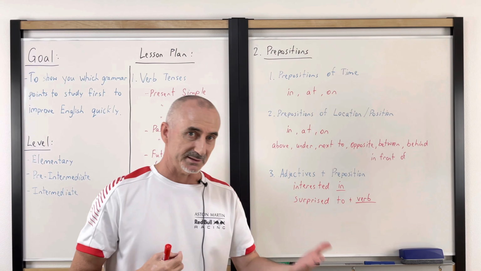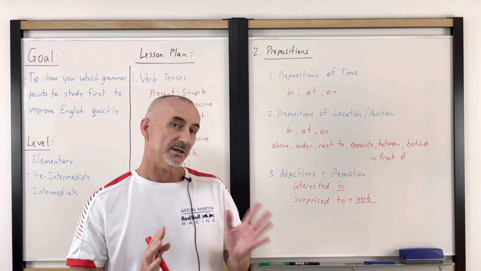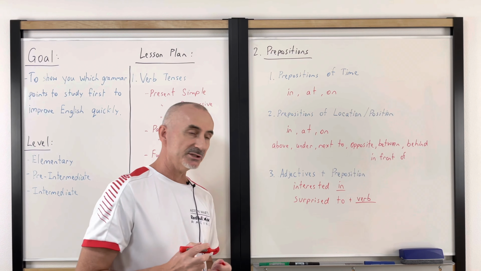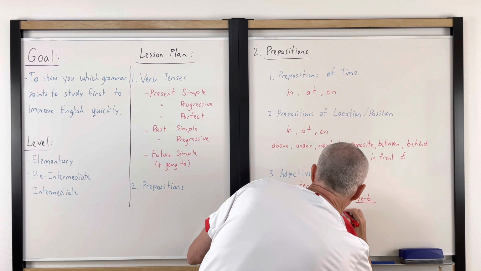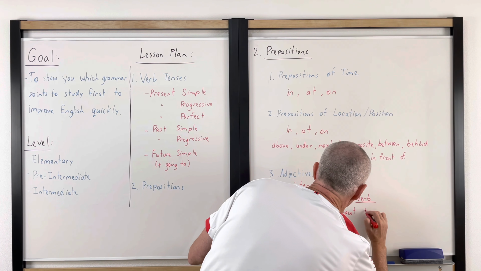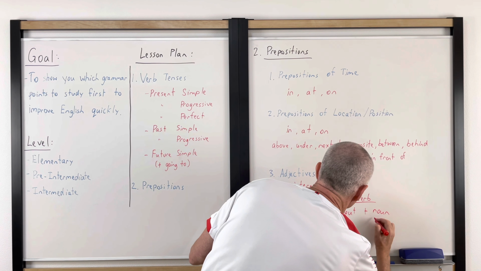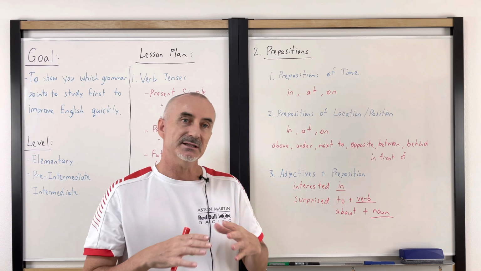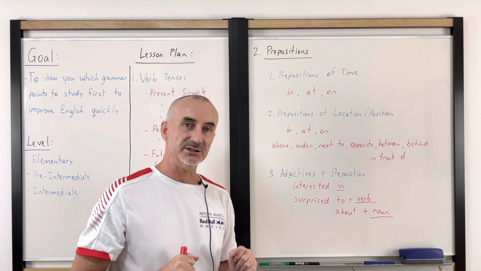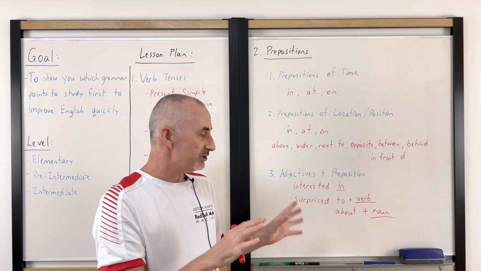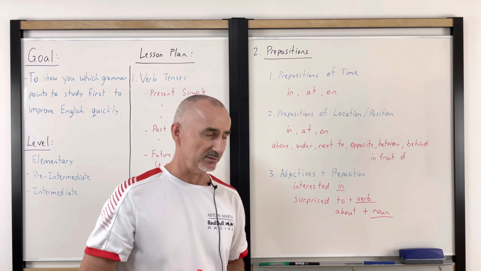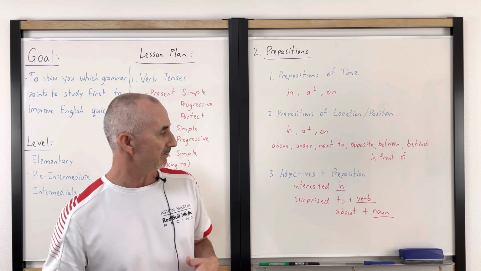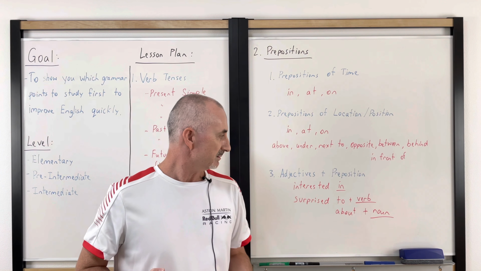So, surprised to see, surprised to hear, or like I said before, surprised to know. The second preposition is about. But about is going to be with a noun. So you can see that the usage is different according to the preposition. And many adjectives follow those same patterns. So I was surprised about the score. I was surprised about my test result.